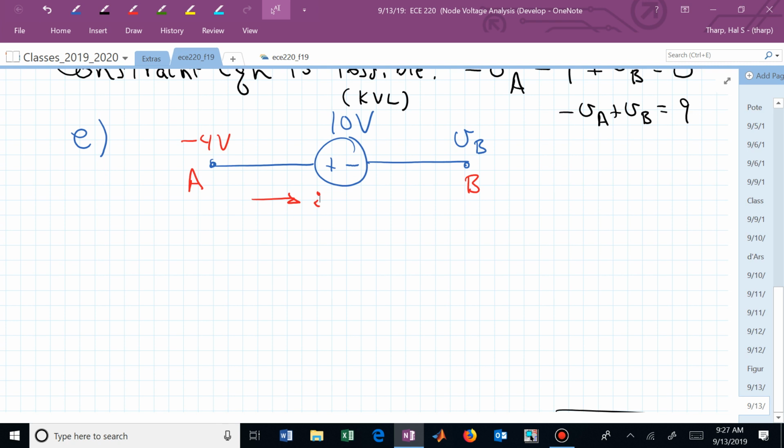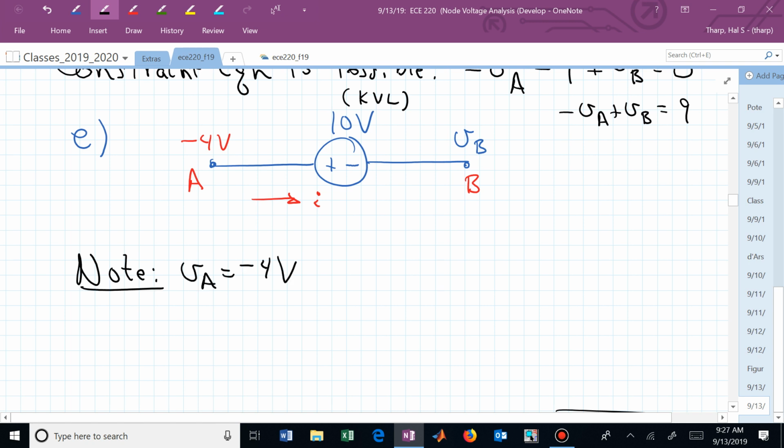Except now somebody has actually given us V sub A. Now they've told us V sub capital A is minus 4 volts. So let's write another constraint equation. We really can't tell I yet from this.